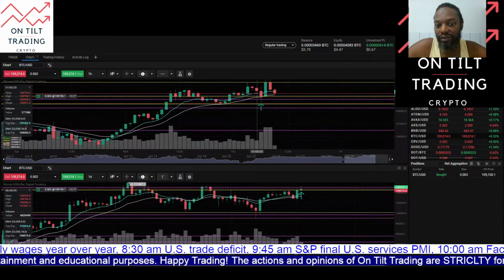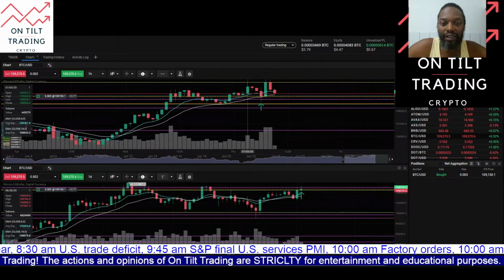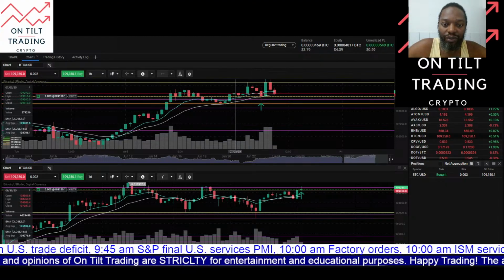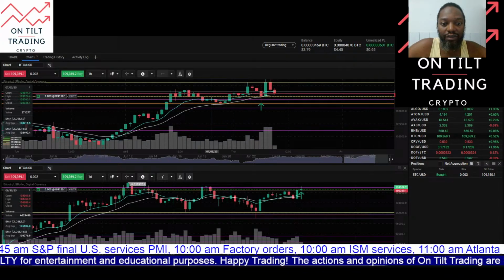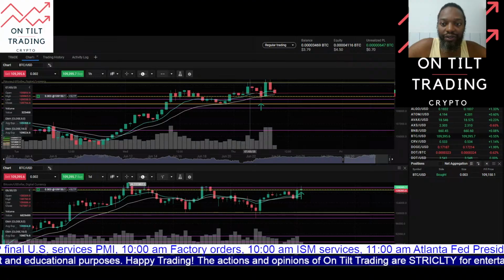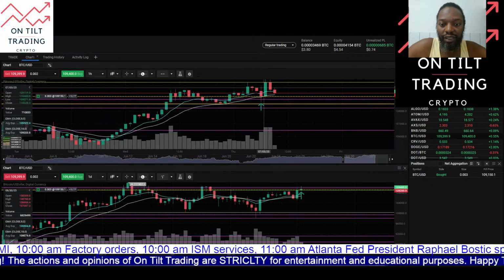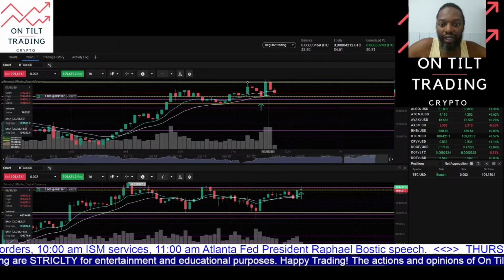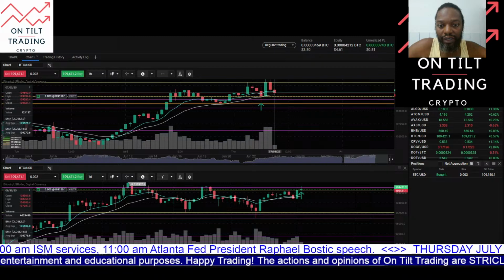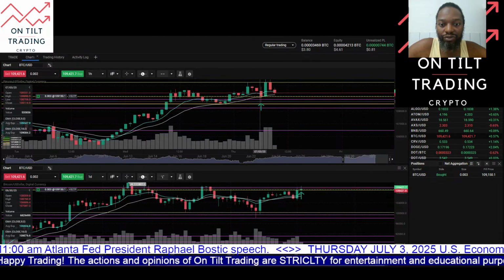So let's just say this was at, let's say, 8 a.m. New York time, and then you get this price action here, and you get this break of structure here. Then I would just simply wait for the pullback here, or if this was an additional break of structure, I'd wait for this pullback here, with this being the structural range here.